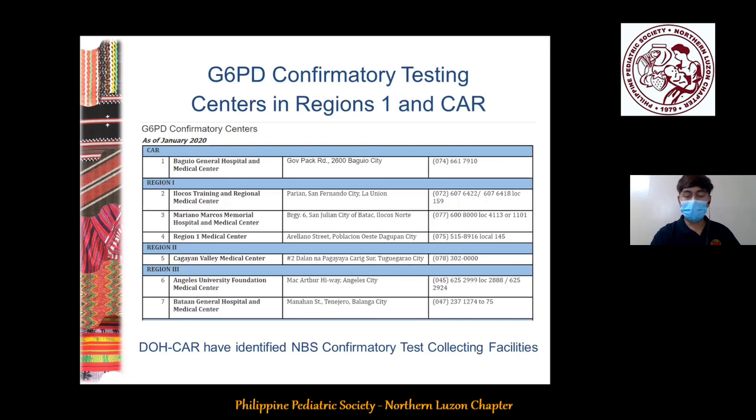Kapag ito sa mga pasyente malayo sa confirmatory centers, pupunta sila sa mga collecting facilities and they will facilitate the collection and sending of bloods and specimens to the confirmatory centers. Okay, hindi lang po G6PD deficiency ito. Kasali na po dyan ng mga CAH, mga ating mga and other metabolic disorders sa NBS.